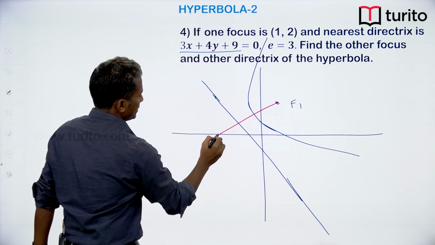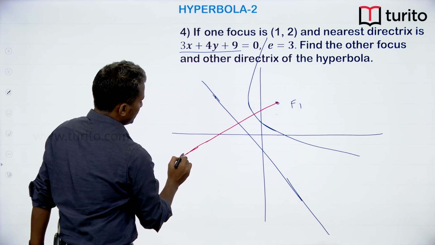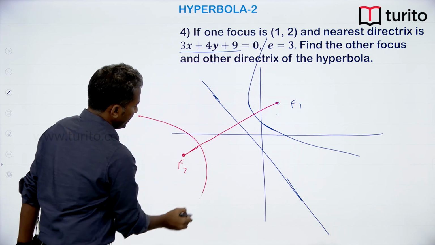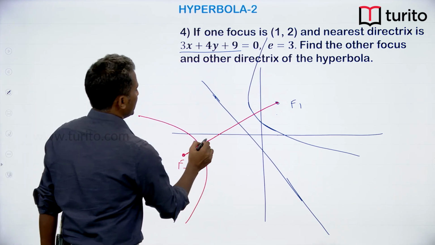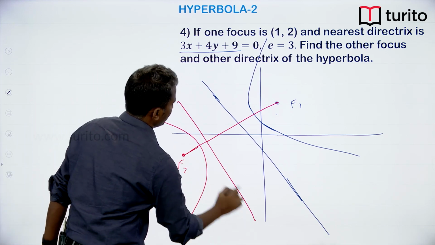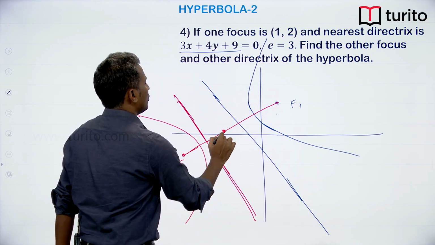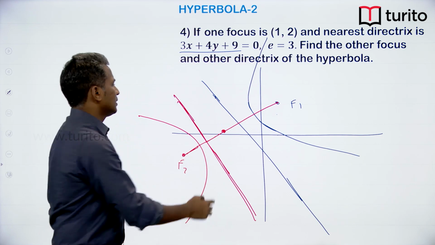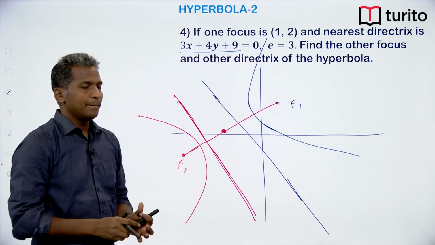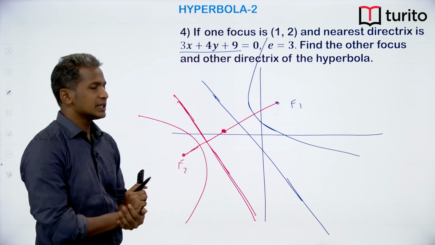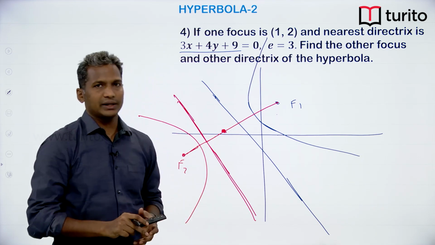So we need to extend this to another point, let us say F2, and here the curve may be in this shape and the directrix may be here. We may get one directrix here and the center of the entire curve will be somewhere here. So this is our diagrammatic understanding. Based on this understanding, we will derive whatever is required.